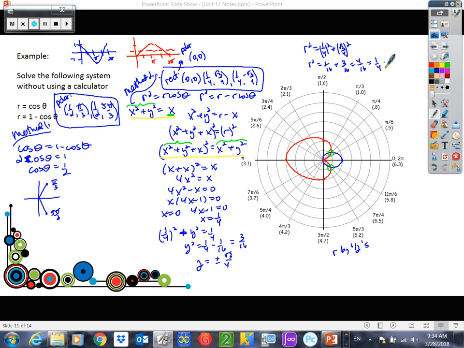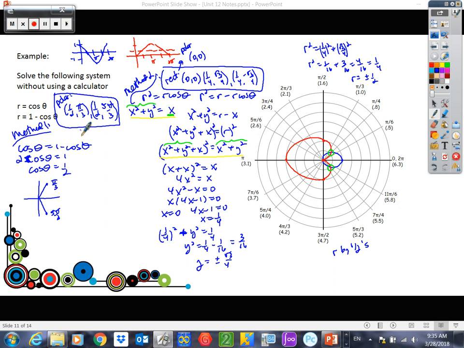So if r squared is 1/4, what's r going to be? Plus or minus 1/2, right? So r is plus or minus 1/2. Does that coincide with what we found over here? Yeah, those r values are 1/2. Could we have made one of these r values negative? Sure, we could have written it a different way, just picked up a different angle measure.